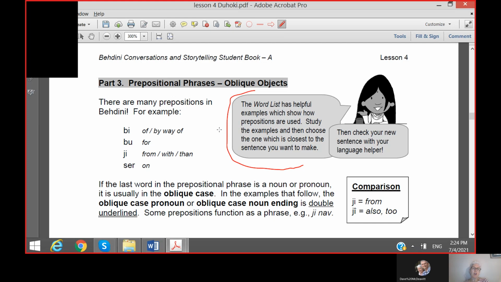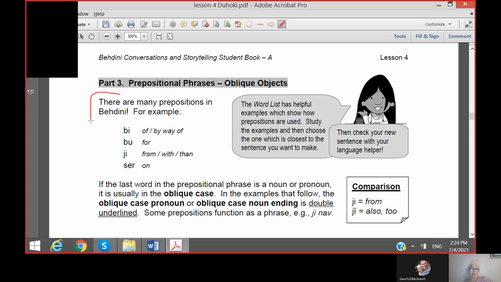So for example, you want to go and you want to say to or with. Then you would look that up in the dictionary, and there are 1 to 5 or more examples. Study those examples to see which one is closest to the sentence that you want to make, and then substitute your words in.